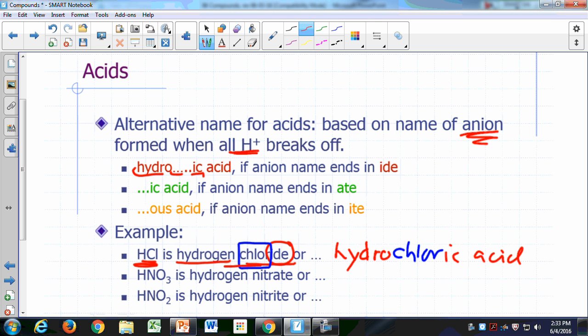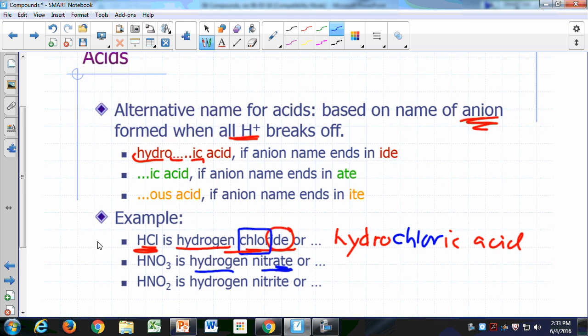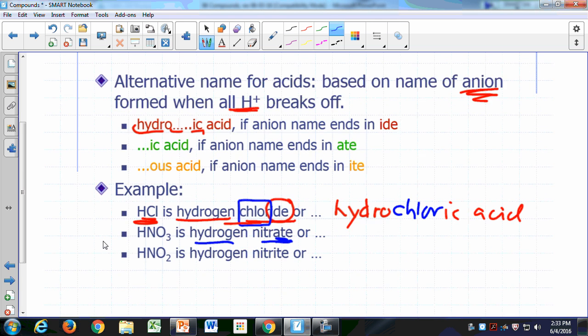Now, if the name ends in ate, as in nitrate, hydrogen nitrate, then the alternative name would be to just drop the hydrogen and then replace the ate by ic acid. So something ic acid means the anion's name is ate.